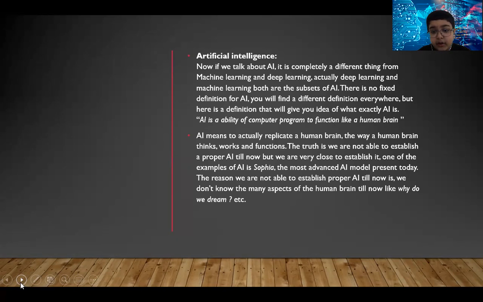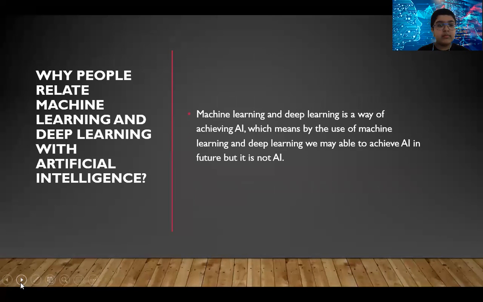The reason we are not able to establish proper AI till now is we don't know many aspects of the human brain, like why do we dream, etc. Why do people relate machine learning and deep learning with artificial intelligence? Machine learning and deep learning are a way of achieving AI, which means by the use of machine learning and deep learning, we may be able to achieve AI in the future. But it is not AI.